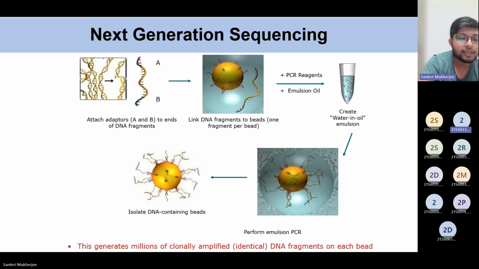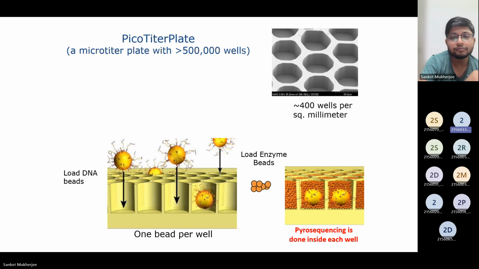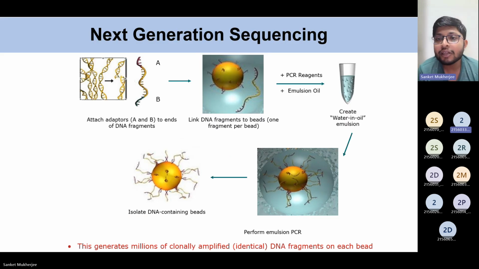Why is oil used? How could you create an emulsion in water if there is no oil? Why do we need it, that's my question. If we have multiple beads giving multiple reactions, and there will be pyrosequencing involved here, if all the beads are together, beads might interact between themselves. A lot of things could happen. So we need to keep them separate.